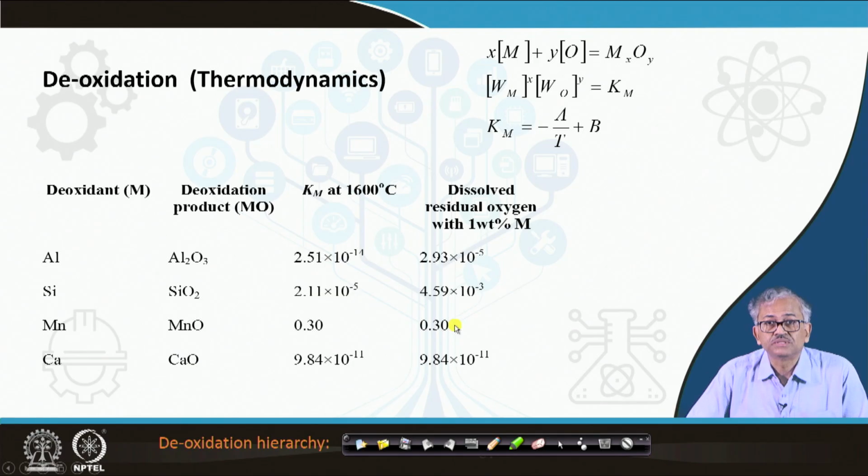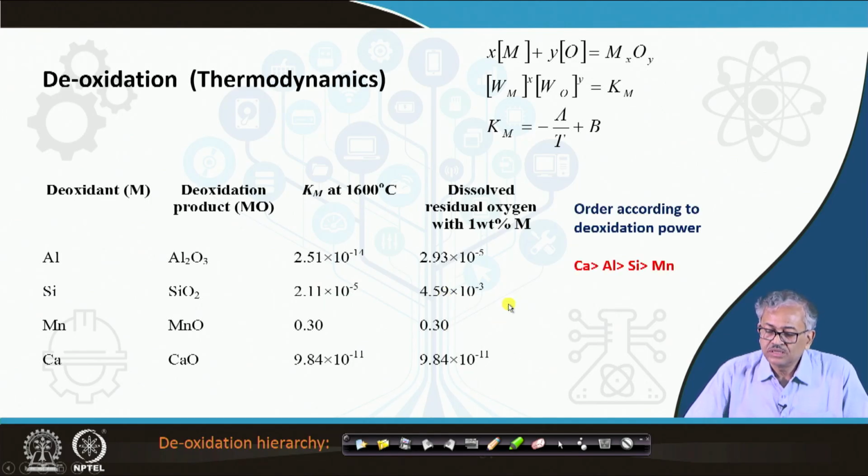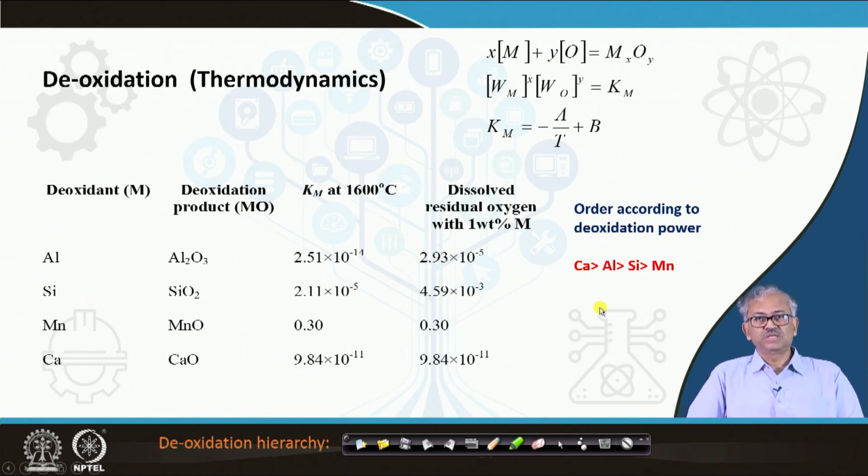Otherwise the ppm is very low, almost 0, with calcium. The next element is aluminum, where the dissolved oxygen is also quite low, then silicon also quite low, and manganese is 0.3. So according to deoxidation power, calcium is the highest, followed by aluminum, silicon and manganese, and usually aluminum is used as deoxidant.